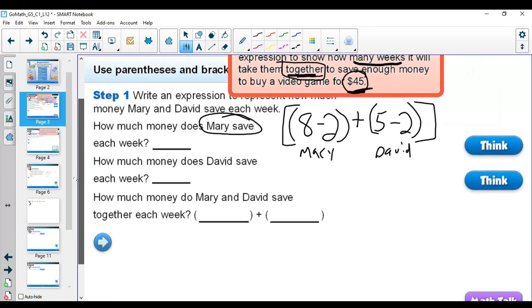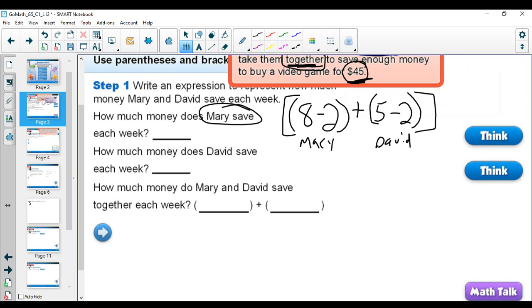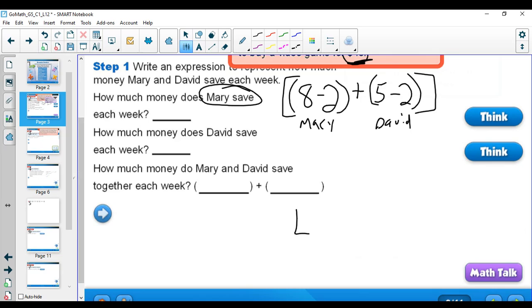So I need to show that down here, and I need a little bit more room, so I'm going to rewrite this. So Mary's money is 8 minus 2. I have to add that to David's money, which is 5 minus 2, and then I need to close my set of brackets.